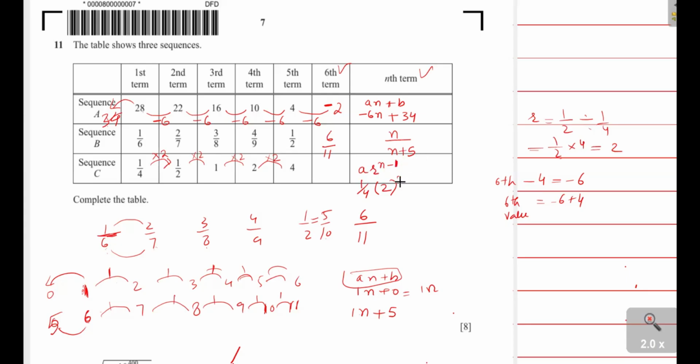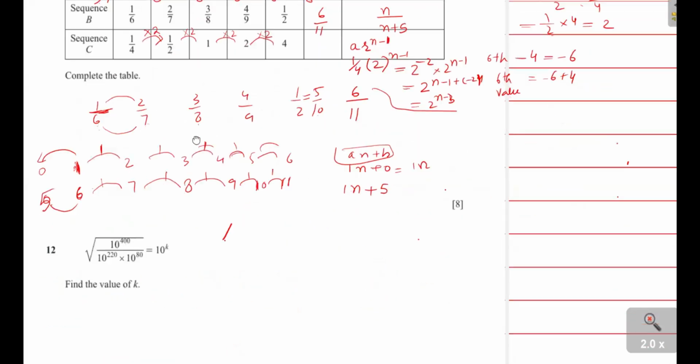And we write n minus 1 as it is. And you can write 1 over 4, 2 power minus 2, and we write 2 power n minus 1 as it is. And this value becomes 2 power n minus 1 plus minus 2, which is 2 power n minus 3, would be the nth term.